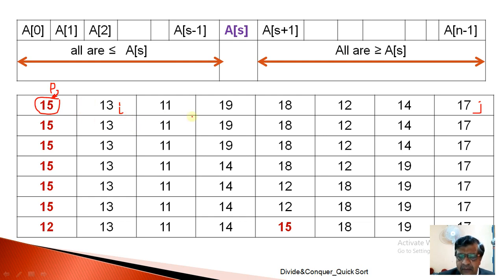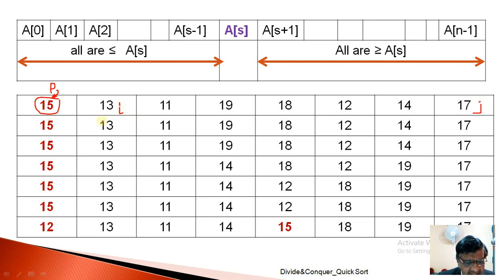So i will stop whenever it encounters an element greater than or equal to the pivotal element, while j will stop whenever it encounters an element which is lesser than or equal to the pivotal element.